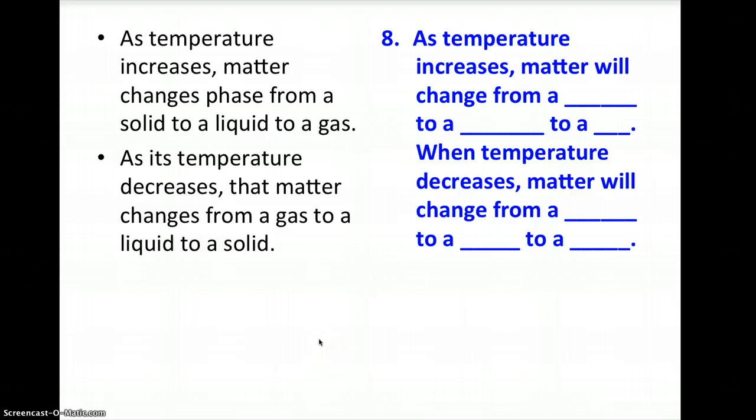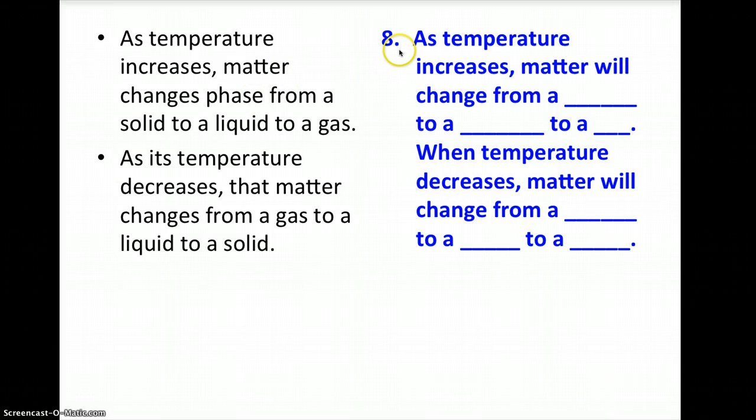All right, all matter can have energy added to it, so we're going to learn a little bit about that. As temperature increases, matter changes phase from a solid to a liquid to a gas. As its temperature decreases, that matter changes from a gas to a liquid to a solid.